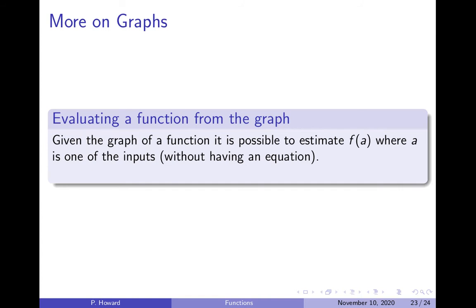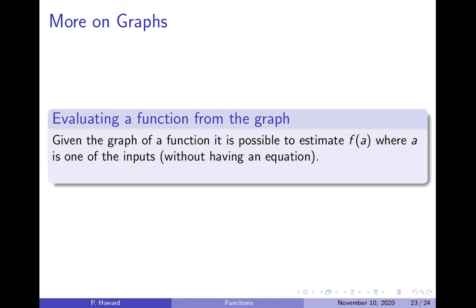Okay, one thing that we will have to do on occasion is evaluate a function from its graph without having an equation for a function. Just having the graph. How do you find outputs, or at least estimate outputs if you're given the input?